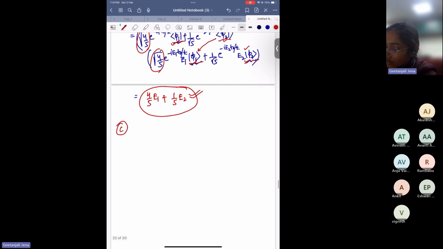So we have to find out the probability that the particle will be found in the left half of this region. The particle is confined within 0 to a. Now it is asking what is the probability that the particle will be here, in the left half.